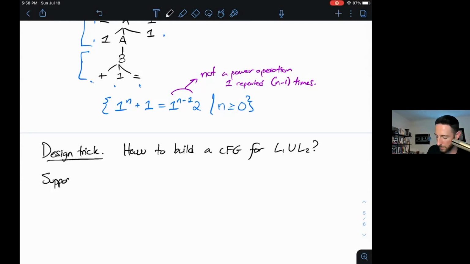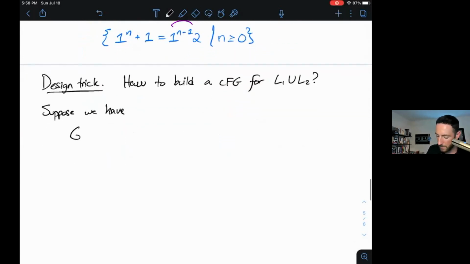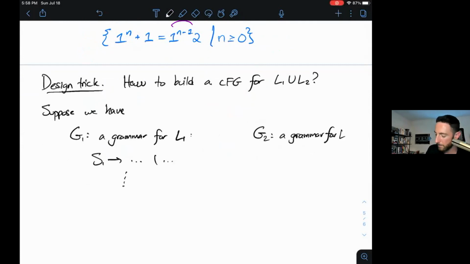Well, suppose we have G1, a grammar for L1, and it looks like this. S1 goes to some other stuff, and then a bunch more rules. And we have G2, a grammar for L2. And it looks like S2 goes to some symbols, and it has a bunch of other rules.